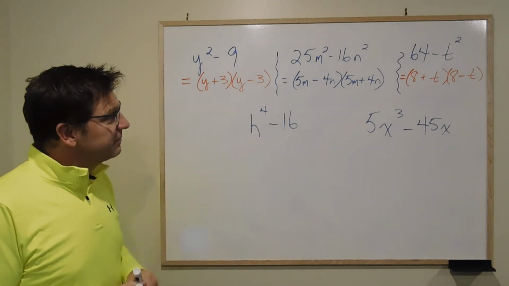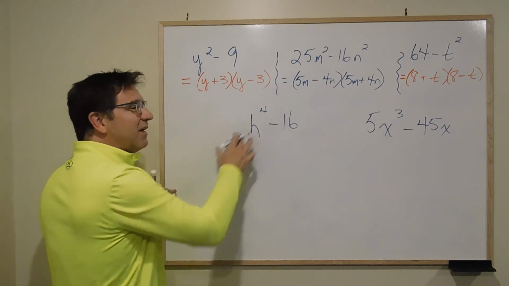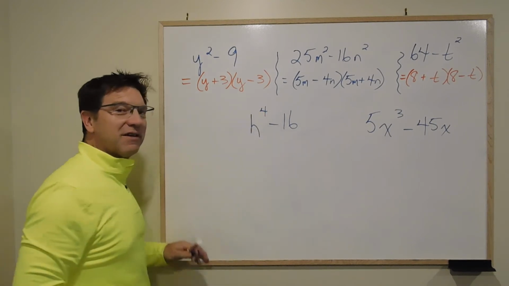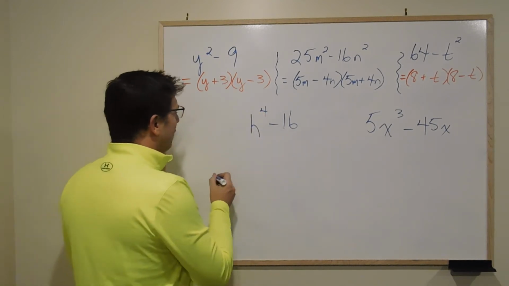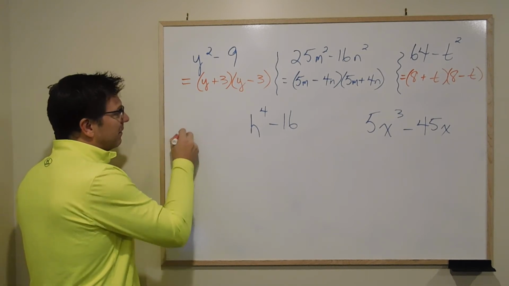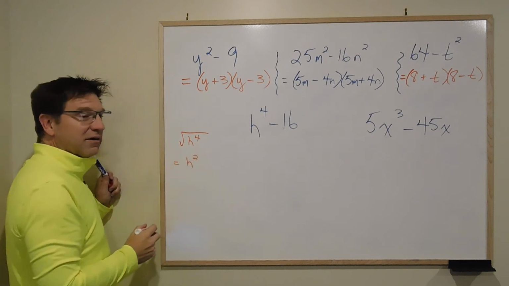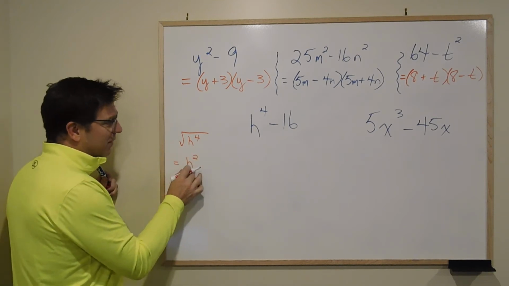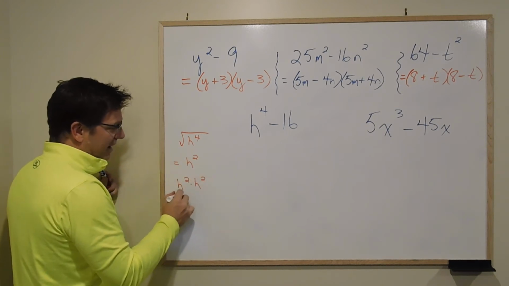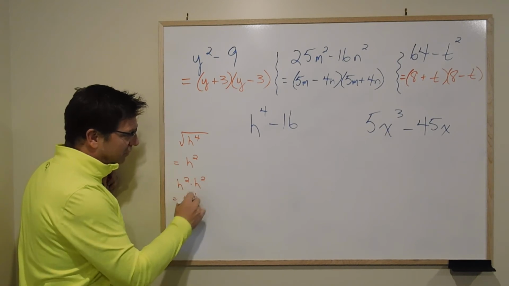Okay? This one here, okay? Same thing. Just because it's h to the 4th, I can still take the square root of actually any even. Because h to the 4th, if I go off to the side here, the square root of h to the 4th is actually h squared, because h squared times h squared, I have to add the exponents. 2 plus 2 is 4.